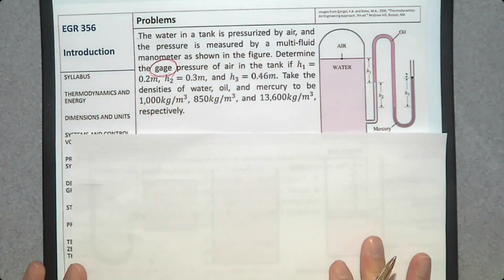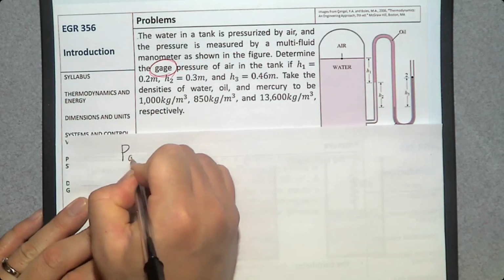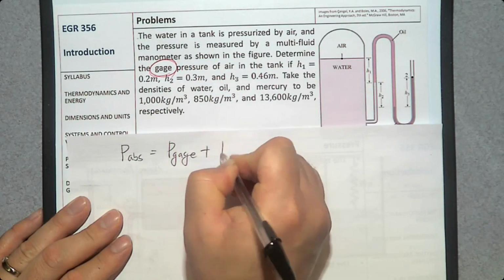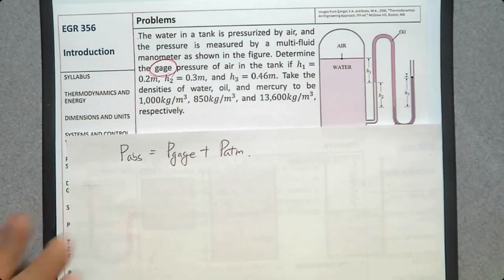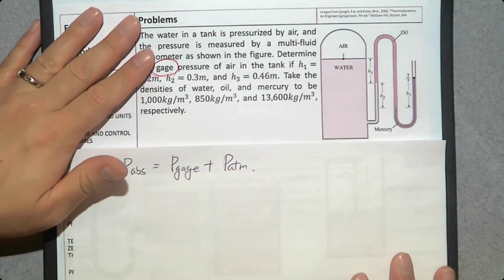When you hear gauge pressure, you need to write down this equation: absolute pressure is gauge pressure plus atmospheric pressure. H1, H2, H3 are available, and the density values of each fluid are also available. So we have everything. Let's solve this problem.